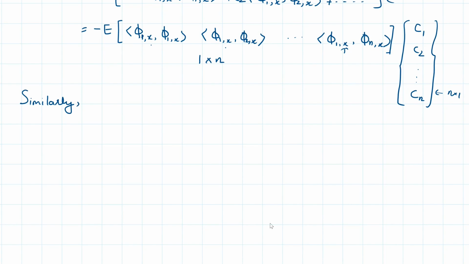Similarly, we can write for our second choice of weight function. Let's say W2 is equal to phi2(x).